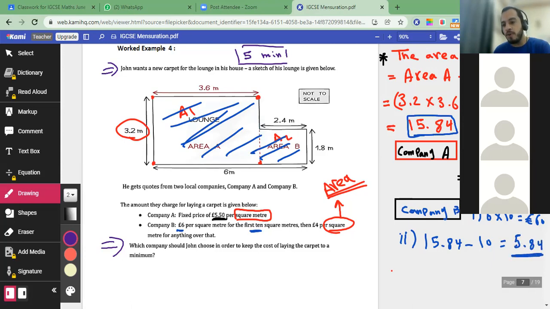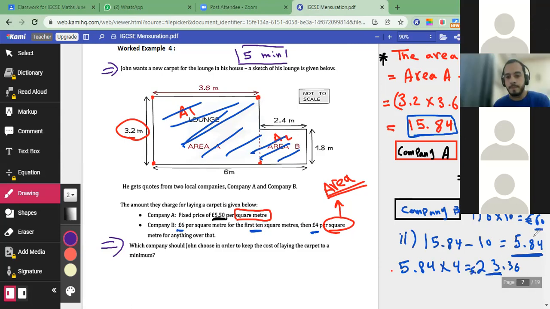Now 5.84 multiplied by 4 equals what? 23.36. Now add 23.36 euros to 60. 83.36. Yes, Jana.